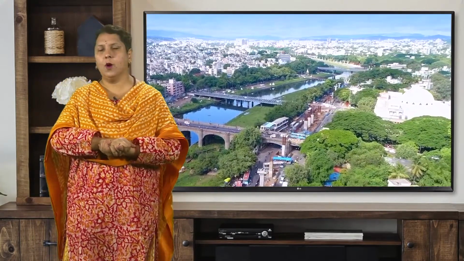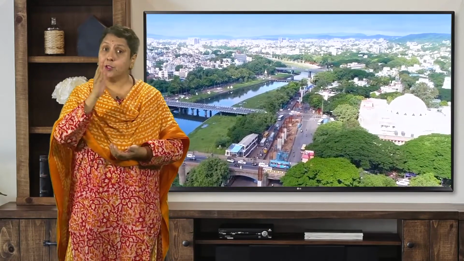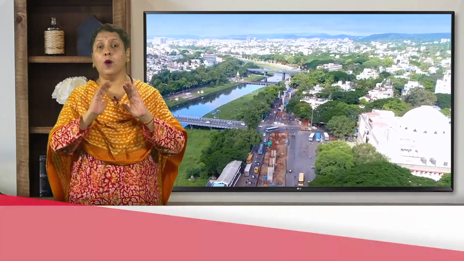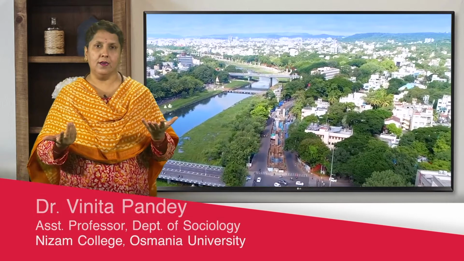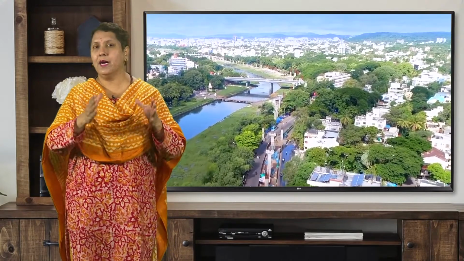Friends, social mobility is a very important concept when we talk about the rural-urban continuum, because social mobility in rural areas follows more or less a closed model, but social mobility in urban areas follows an open model. So what is this closed model? Usually, if a society is predominated by the caste system, there is no opening for you to change your caste.